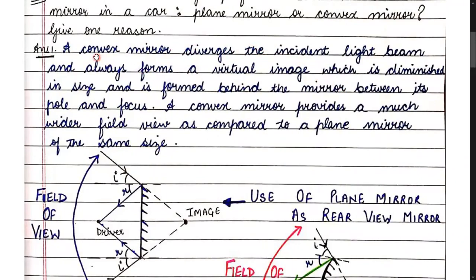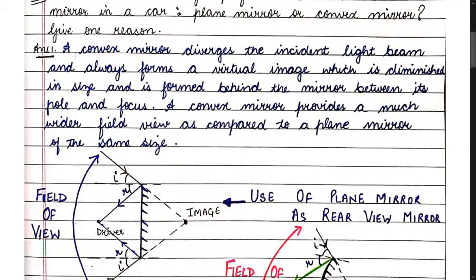A convex mirror diverges the incident light beam and always forms a virtual image which is diminished in size and is formed behind the mirror between its pole and focus.